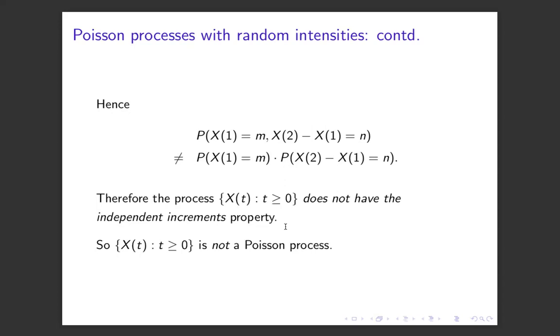An important property of a Poisson process is the independent increment property. So this is not a Poisson process, though it is generally called a Poisson process with random intensities. It is not a Poisson process.